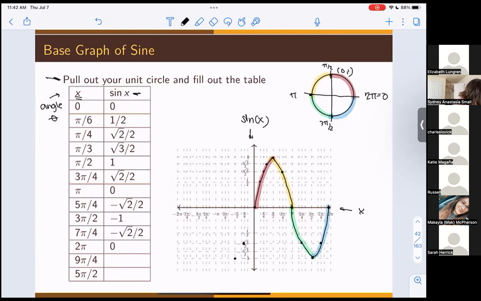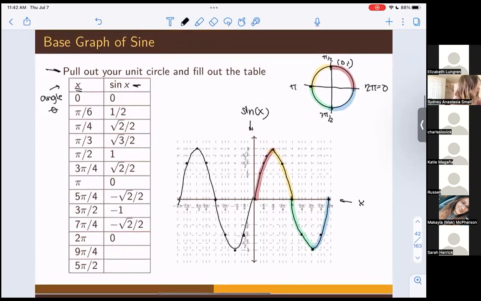Negative 3 pi fourths is negative root 2 over 2, then 0, etc., etc. It will keep going in this manner pretty much forever because you're going to keep looping around the exact same circle. So your graph will look like this. And it will continue like that forever and ever.